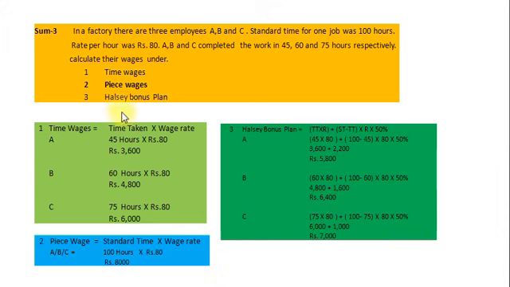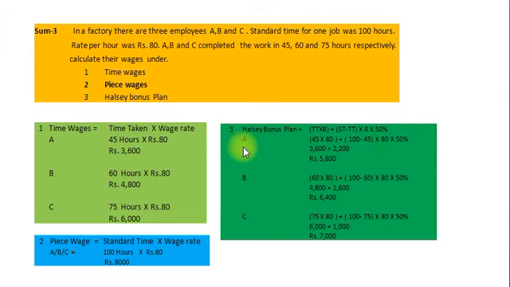Now Halsey bonus plan. According to Halsey bonus premium plan, our formula for earning is time taken multiply by wage rate plus standard time minus time taken, that is time saved, multiply wage rate multiply 50%.